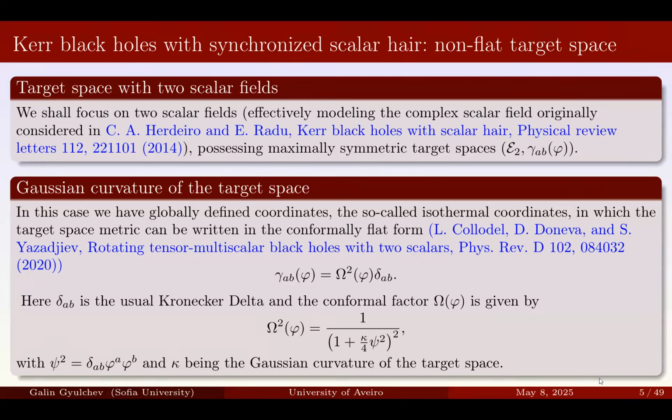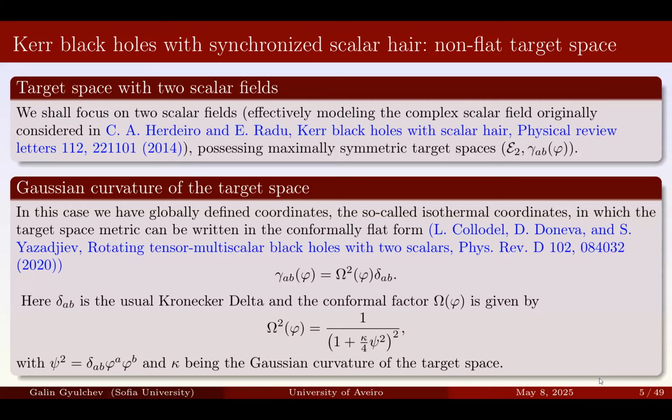So in this situation, we restrict the attention to these two scalar fields, but we are going to introduce the Gaussian curvature of this target space constructed with these two fields.